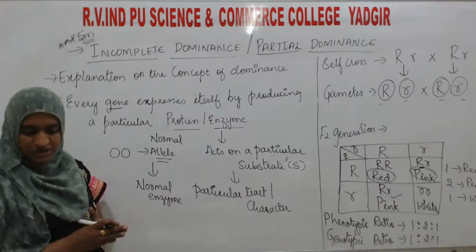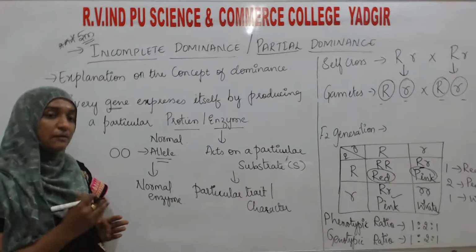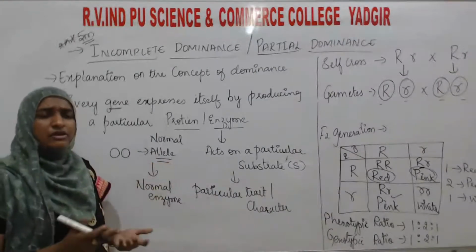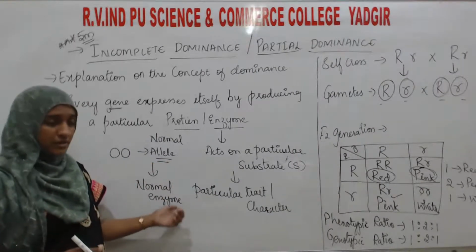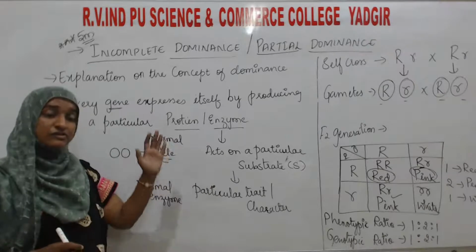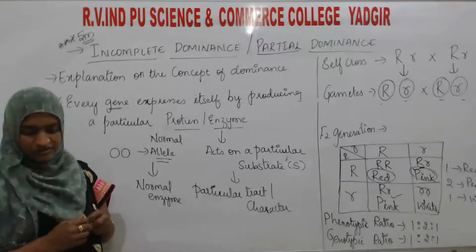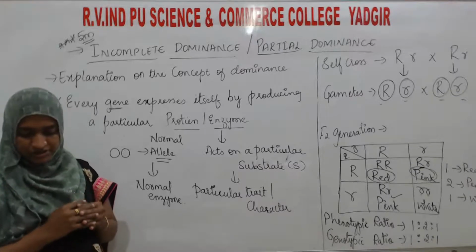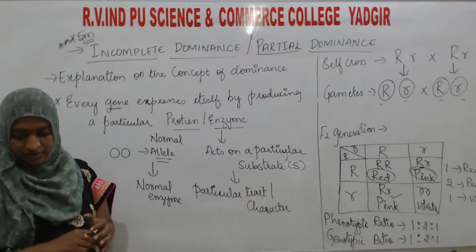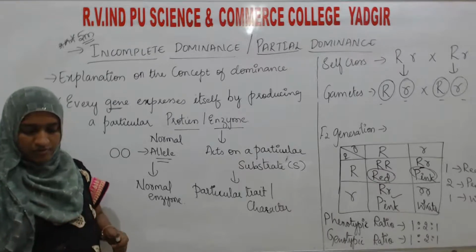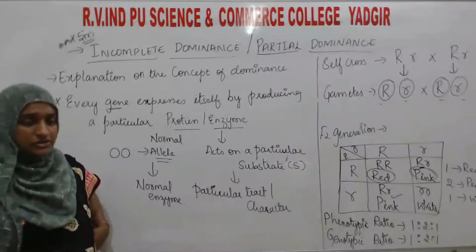If a non-functional allele is there, it will not produce any enzyme, then that gene is not responsible for any trait. So if there is a non-functional enzyme or no enzyme, then it will not be able to produce a phenotypic expression.